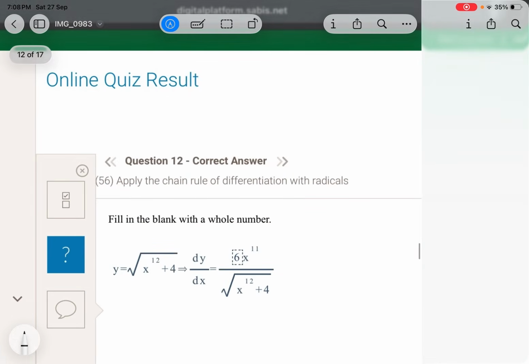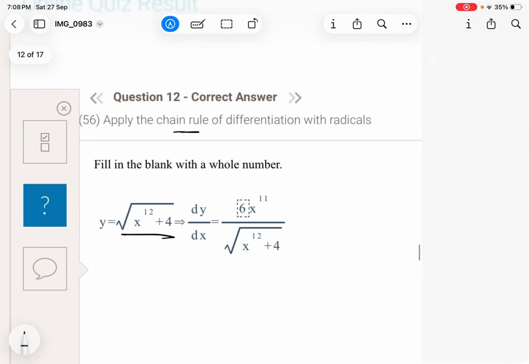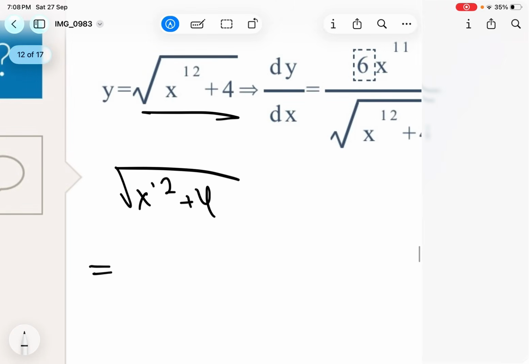Okay, question number 12. They applied the chain rule. They said y is equal to the radical of x^12 plus 4. Again, as I said, anything that you see with a radical, change it to an exponent, which is equal to (x^12 plus 4) to the power of 1 over 2.